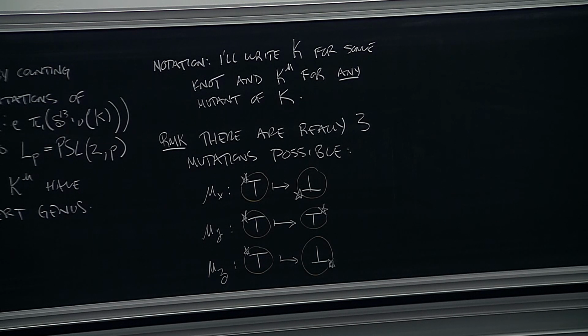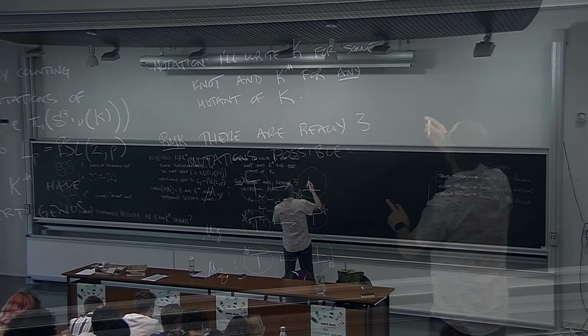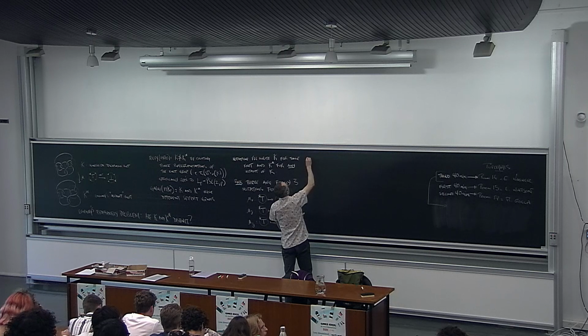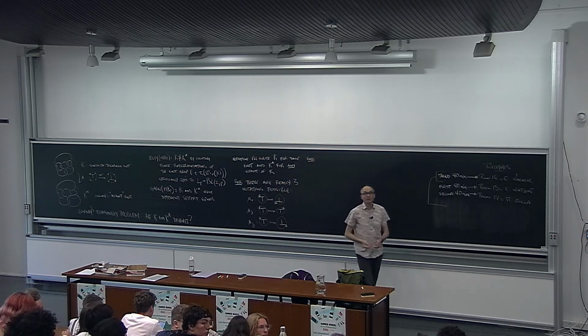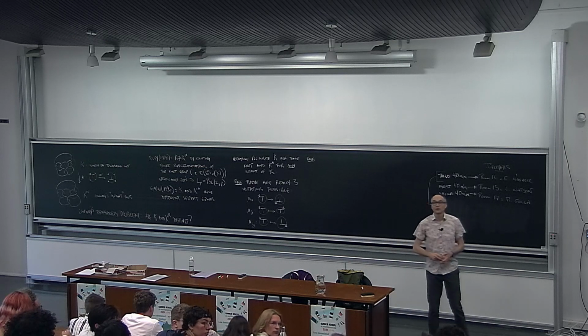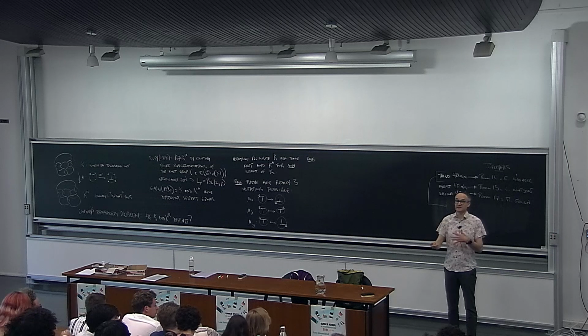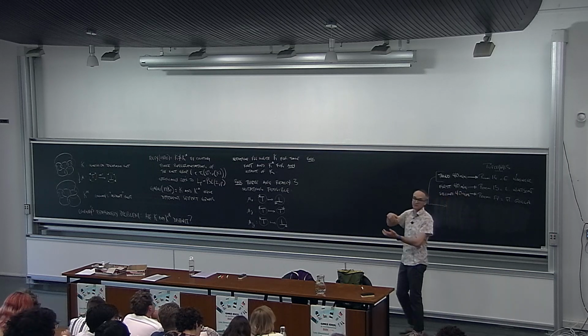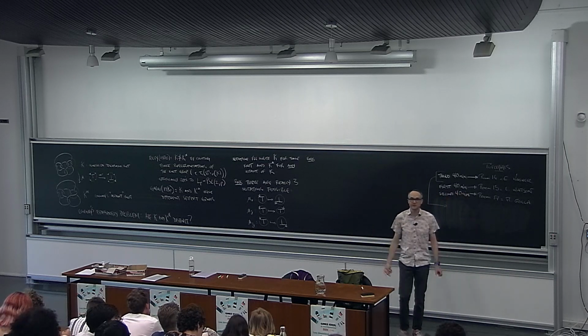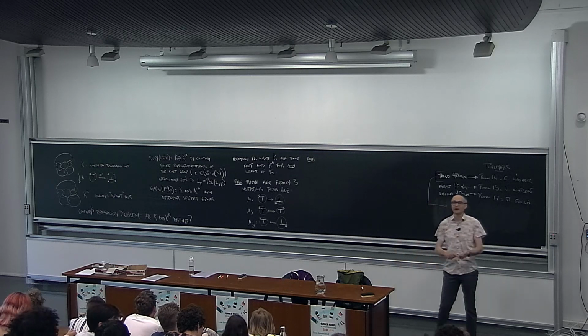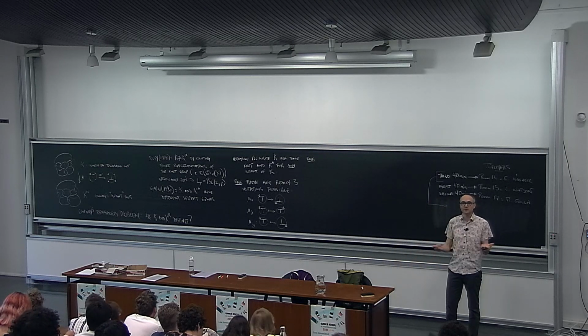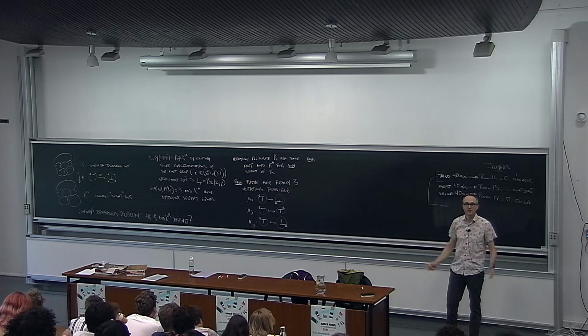Okay, so maybe something to note. The second remark. Yes, and they're not all necessarily distinct. For certain tangles, there'll be a symmetry inherent, and sometimes these are the same thing. But once you fix a knot and then you fix a tangle, there are 3 different mutations possible, and we'll say which one when it matters.